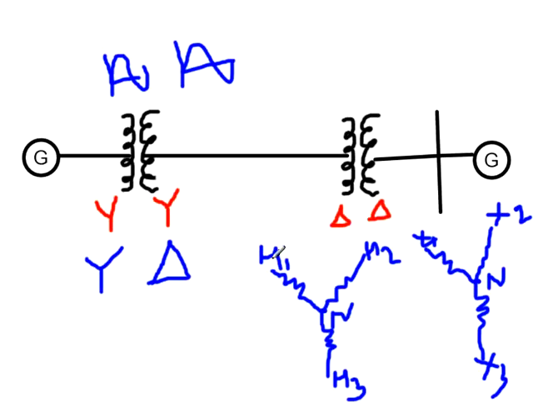That means if the connections are the same, the phase voltages will be in phase with each other. H1 to N will be in phase with X1 to N, H2 to N with X2 to N, and H3 to N with X3 to N. This is the case for a star-star or a delta-delta connection.